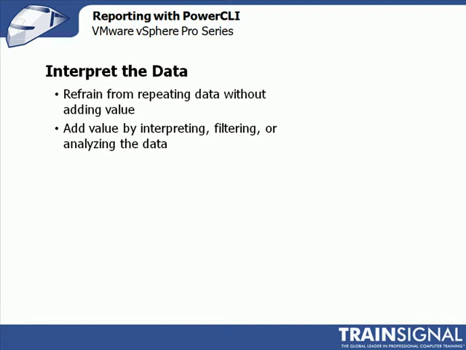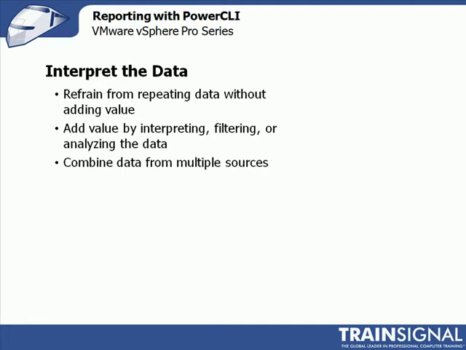Say that you want, by policy, to ensure that snapshots are deleted after 2 weeks. Well, a report showing snapshots older than 2 weeks is applying some intelligence here. That's going to help people out. That's going to provide a next action. So you can use logic like that to filter the data and make it something meaningful.